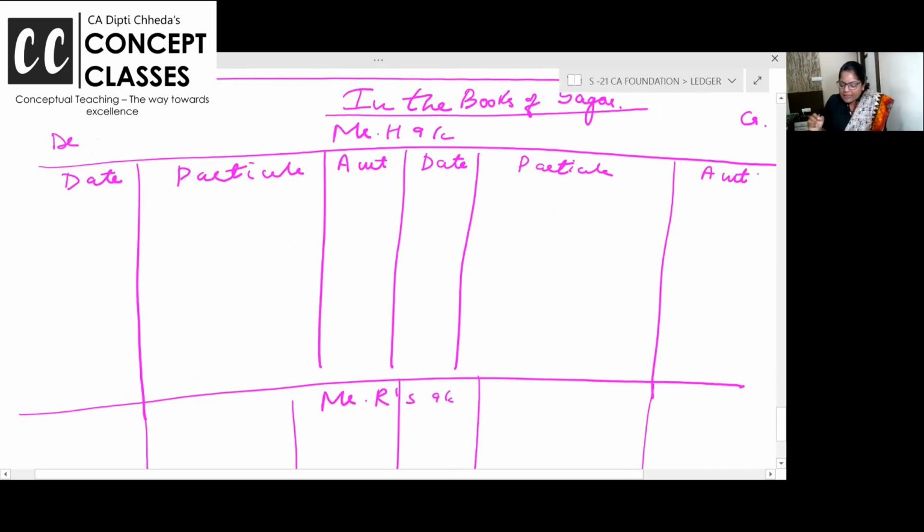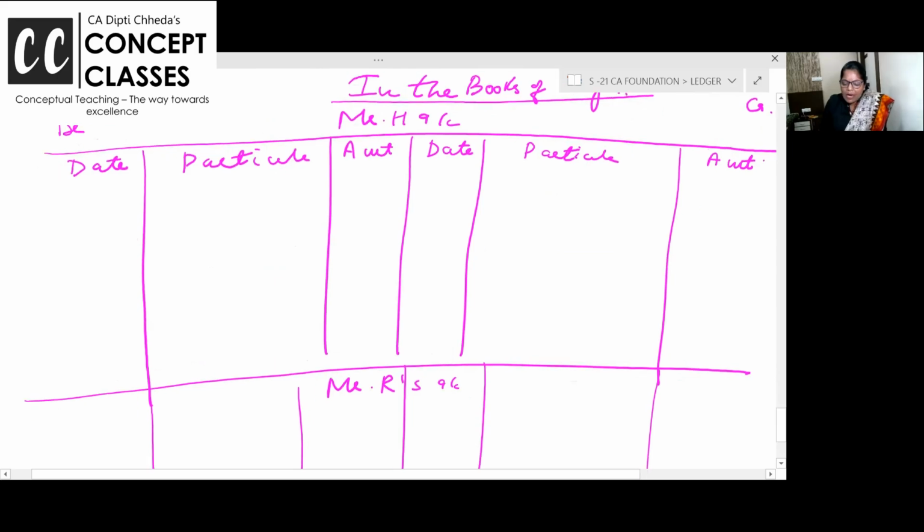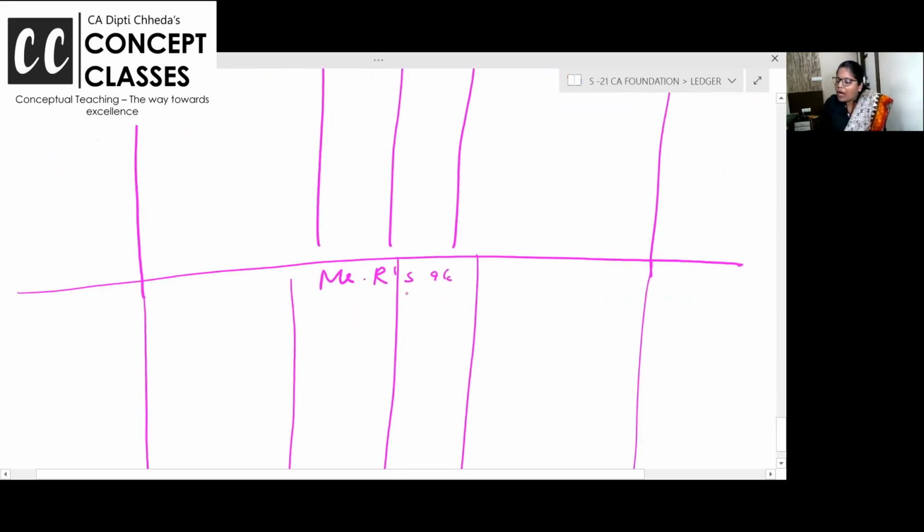Okay, so S owes the money to R. So in R's books, on 1st of April, it is opening balance on the credit side. Sagar is saying, R, I need to pay you 15,000.